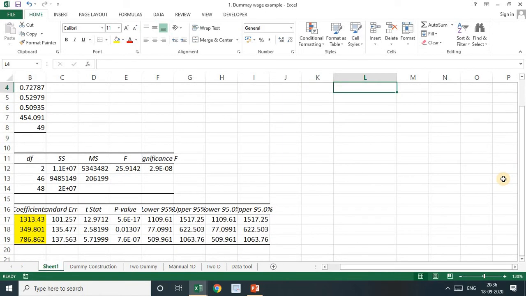Now look at these statistics and look at this p-value. All these p-values are significant and t-values are also significant. What does it mean?